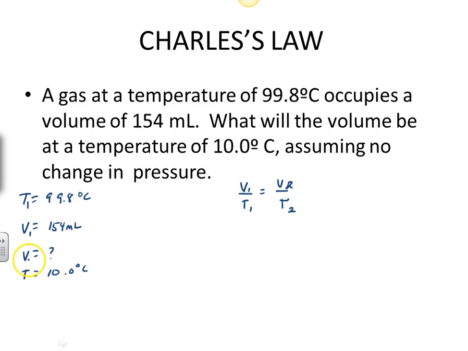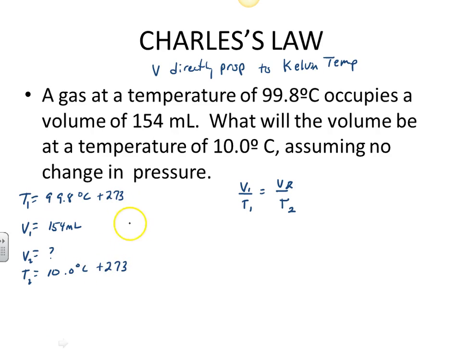Now, according to Charles' law, volume is directly proportional to Kelvin temperature. So we're going to have to convert these to Kelvin by adding 273 to each.